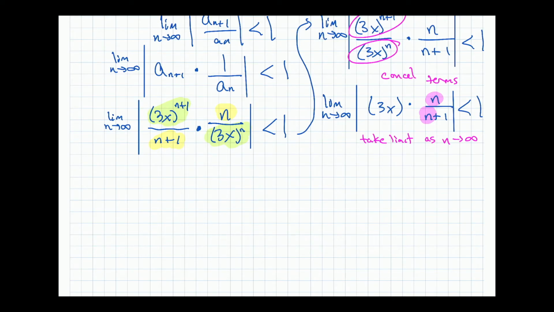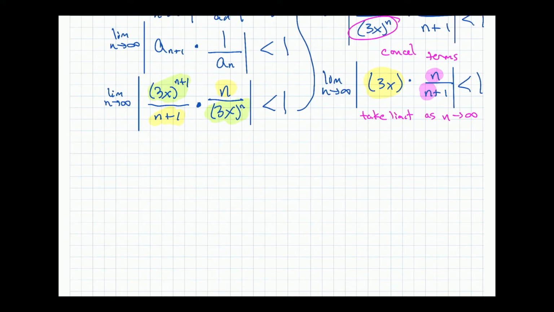And the other term here, the 3x, actually has no n's in it at all. So when you take the limit, nothing happens. So the result when you take the limit is absolute value 3x, and n over n plus 1 goes to 1. Right? 1 over 1, ratio of leading coefficients. So you get absolute value of 3x less than 1.